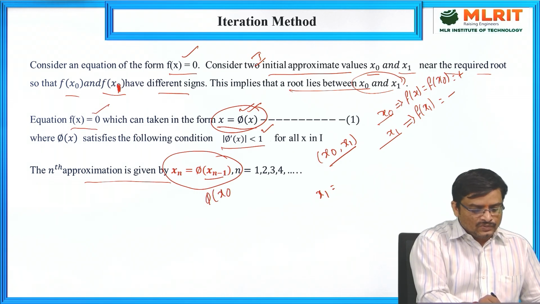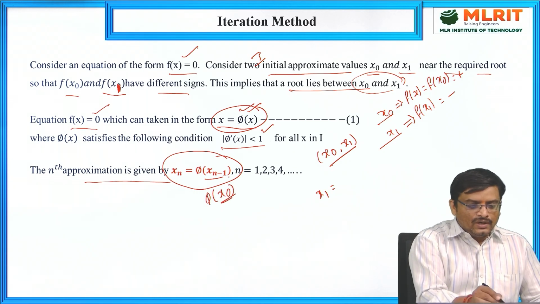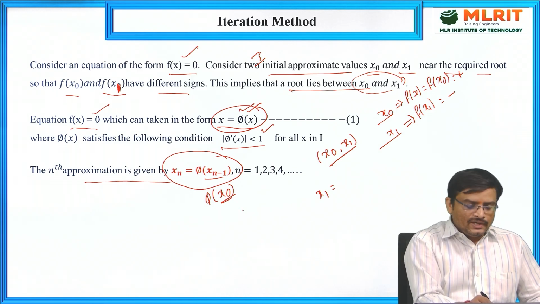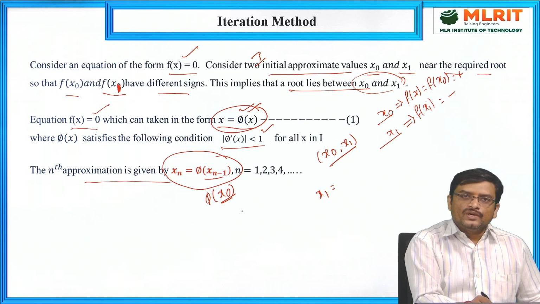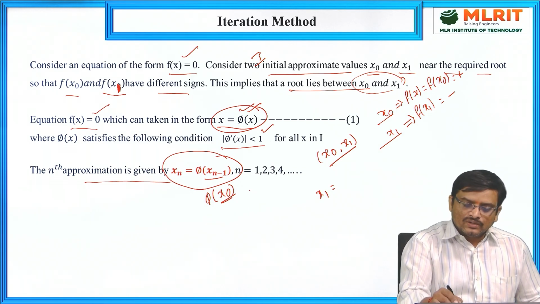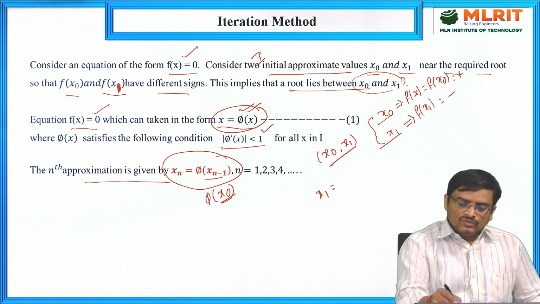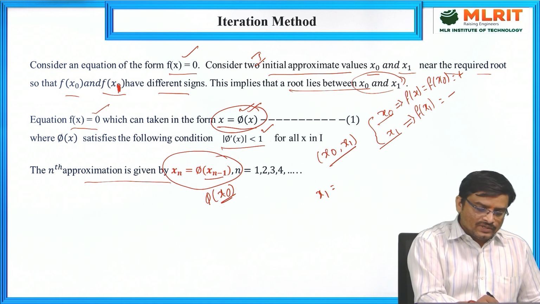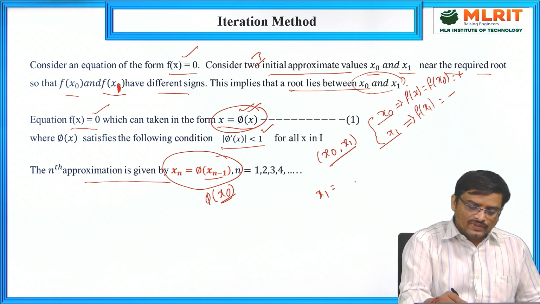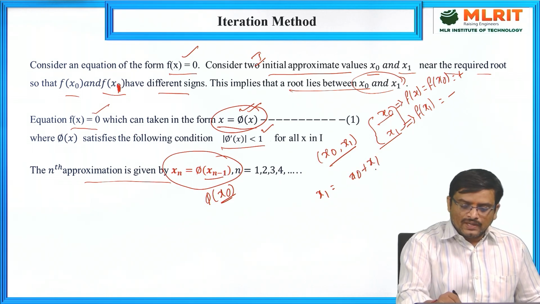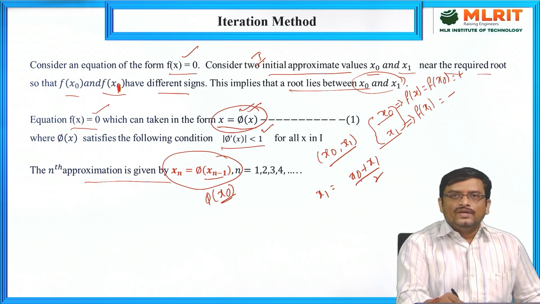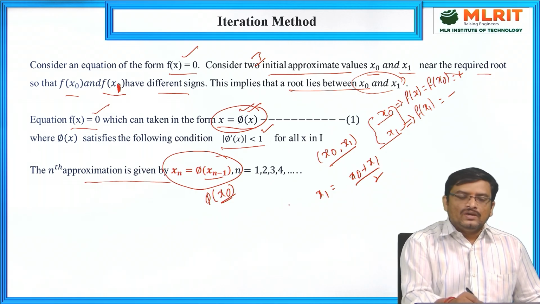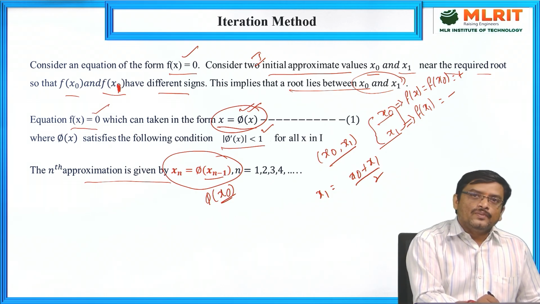Now, in order to apply this iteration method, it is enough to get only one initial approximation. But at the beginning, we considered two real numbers. So from these two real numbers, to get a single approximation, you take the average of these two numbers, x0 plus x1 by 2. Whatever value we get, consider that value as x0, our initial approximation.